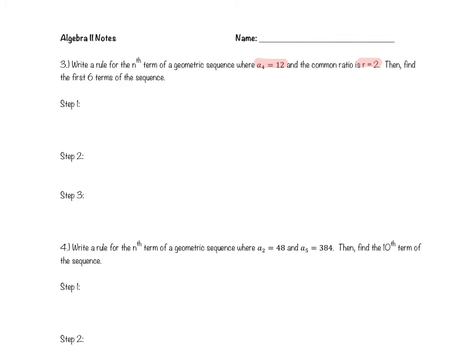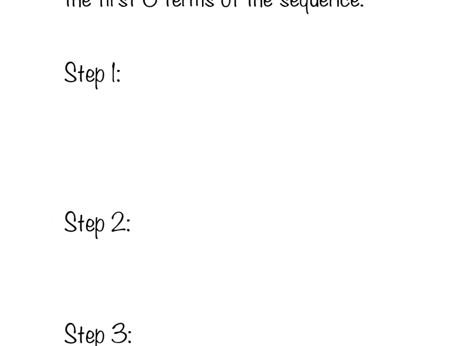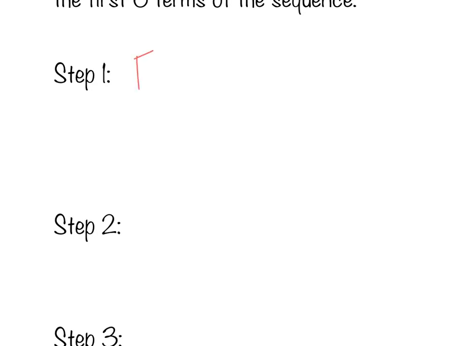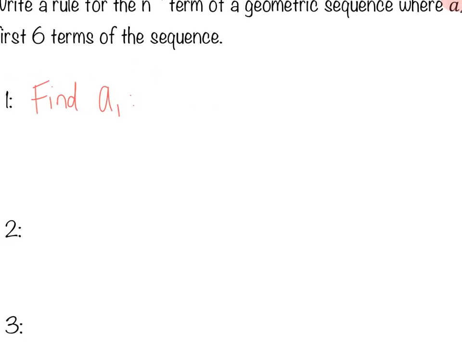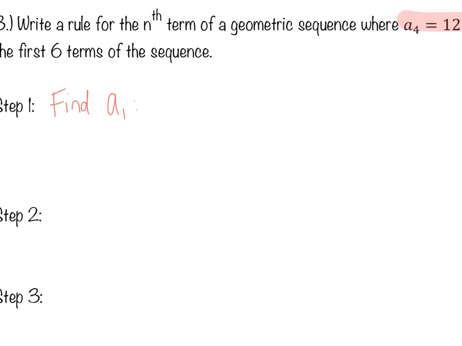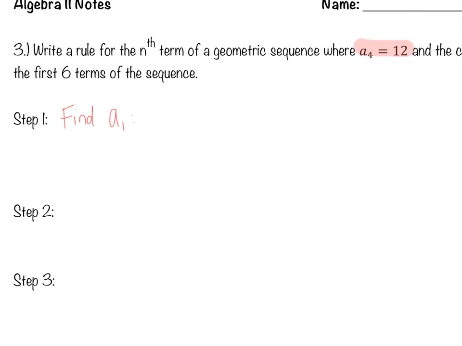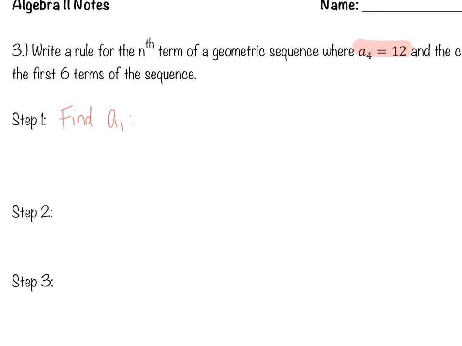So your first step here is going to be to find a sub 1. Now remember how we did this last time. We just used the formula and plugged in values to get that a sub 1. The formula, again, is a sub n equals a sub 1 times r to the n minus 1.